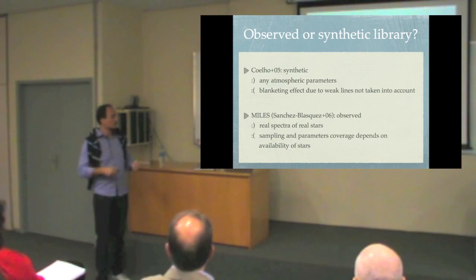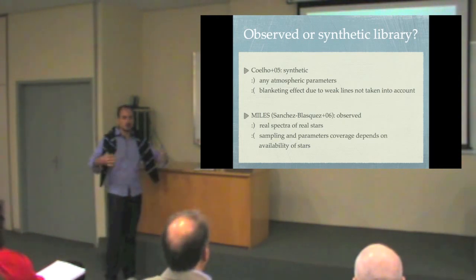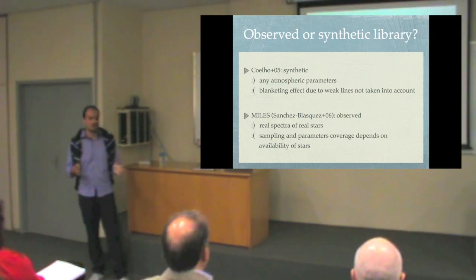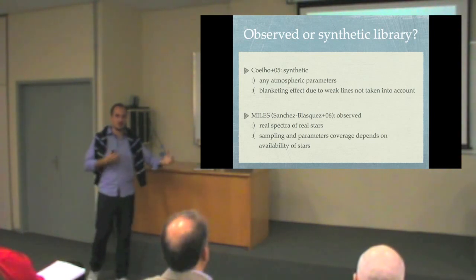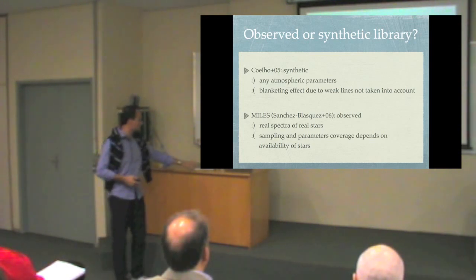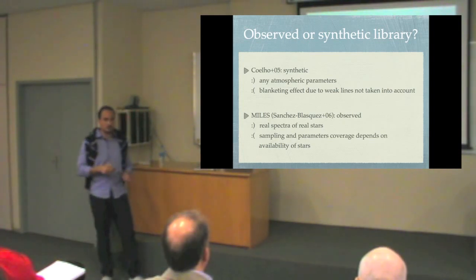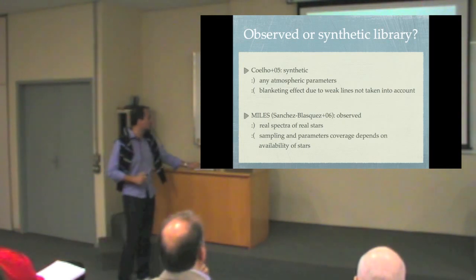Basically, for this library, it's solar neighborhood stars. And we don't have here, for instance, metal-rich alpha-enhanced stars as we have in the bulge. So to represent these stars is difficult with these observed spectra. So we used both of them, trying to compensate the effects of these two libraries in the results.